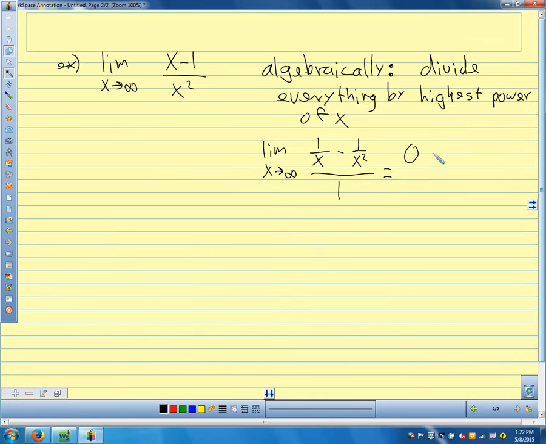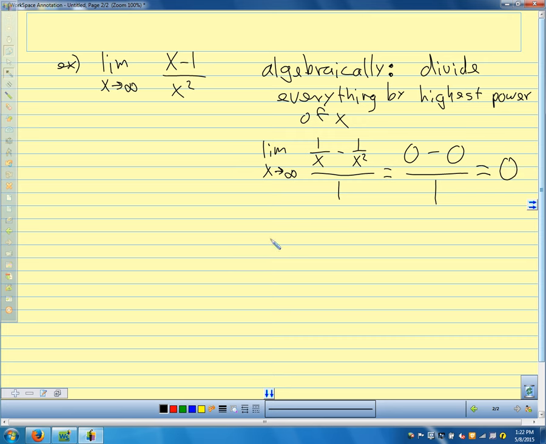What's the limit as x approaches infinity of 1 over x squared? 0. Over, limit as x approaches infinity of 1 is just 1. Equals 0 over 1, which is 0. 0 over 0 is indeterminate. 0 over 1 is just 0. So this limit is 0.